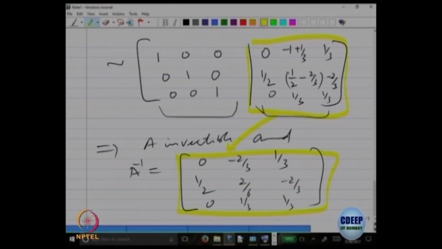Right. So, this theorem which we proved, that A is invertible if and only if it is a product of elementary matrices, not only tells us how to check whether a matrix is invertible or not, at the same time it gives us an algorithm for finding the inverse also. Checks and finds both. So, what you do, take the matrix A, along with it write the identity matrix of the same order.